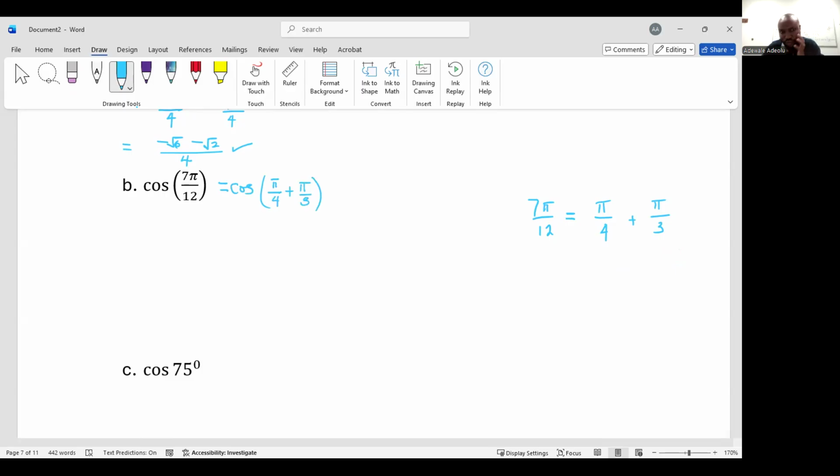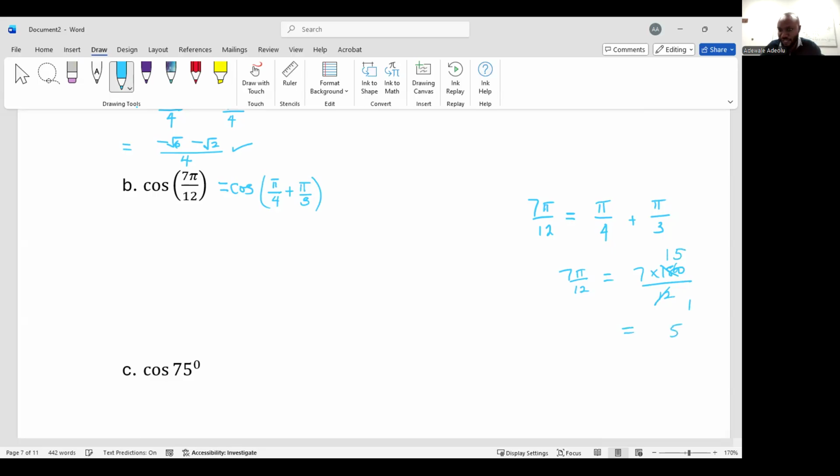If that is not easy for you to come up with, another way to do it is convert 7 pi over 12 to degrees. So that is 7 times 180 divided by 12. 12 here 1, 12 here 1. I have 6 in 60. That is 5. So 7 times 15.